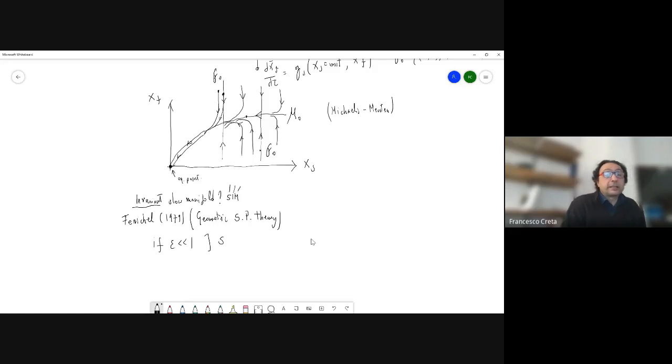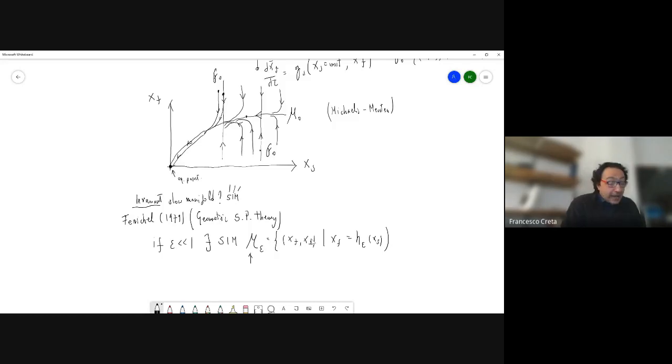So there exists a slow invariant manifold, which we call M epsilon. Okay. So you can actually write it with the usual notation. So it's the locus of points x_f and x_s, such that you can express x_f as a function or as a graph, which we call now h_epsilon of x_s, okay?